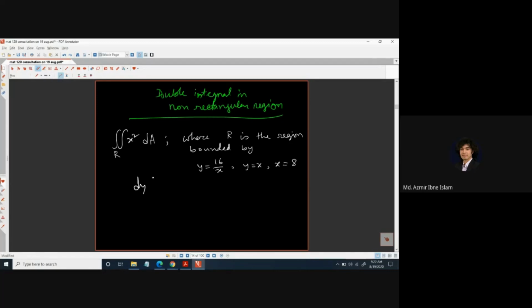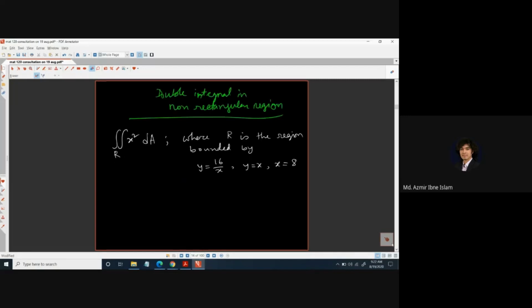If we have dy dx and a rectangular region, then by Fubini's theorem we can easily change the order to dx dy. This is not allowed if we have a non-rectangular region. At first, we have to integrate for the function part, and then we integrate for the constant limits. So now the main difficulty is to understand the limits.